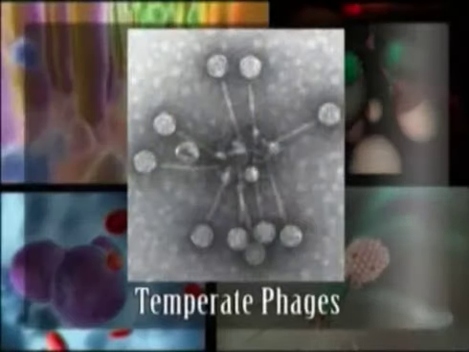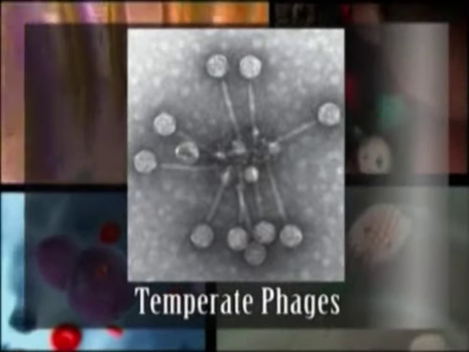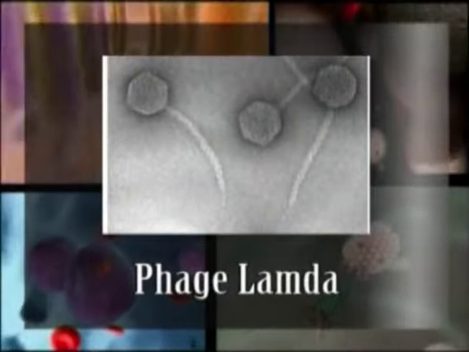Virulent phages cause lysis of the bacterial cell after infection, while the latter remain latent and are referred to as temperate phages and replicate along with the host genome. Bacteriophages of the T group are examples of virulent phages, and phage lambda is an example of a temperate phage.